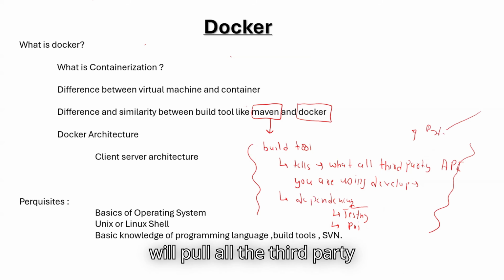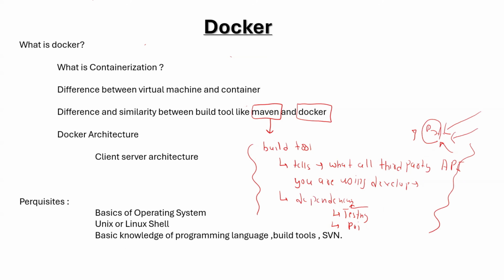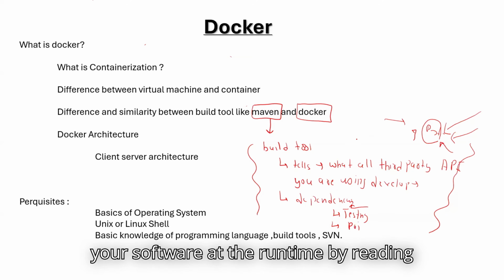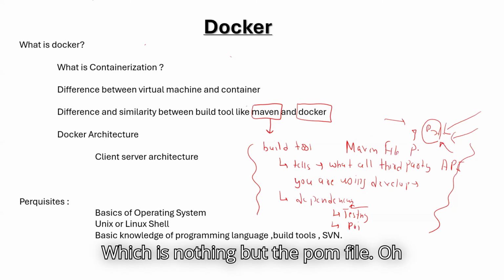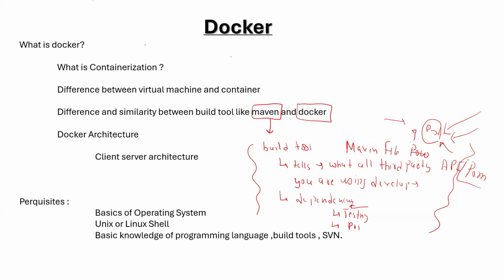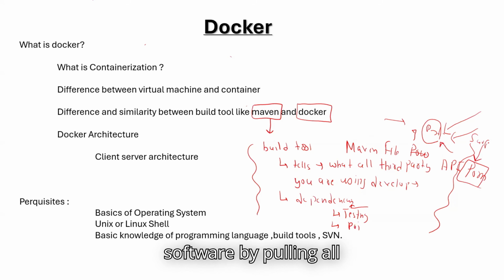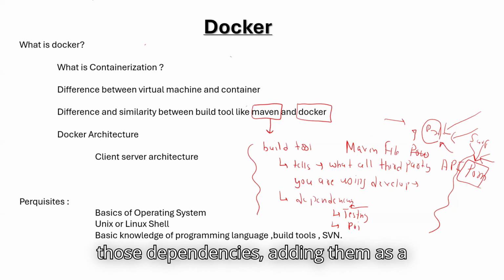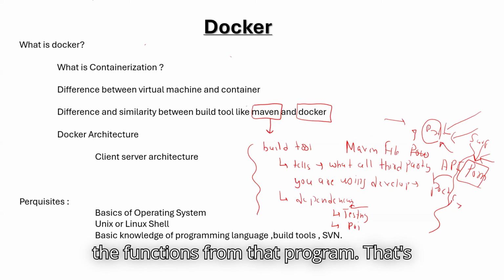It will pull all the third party libraries needed to run your application into your software by reading the Maven file, which is nothing but the POM file, right? So it helps you develop your software by pulling all those dependencies, adding them as a package to your program, and you can use the functions from that package.